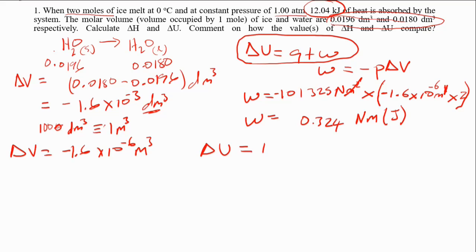It's 12.04, and it's in kilojoules, so I'll put it in joules, just so all the values being used are of the same magnitude, plus the work, which is 0.324 joules.